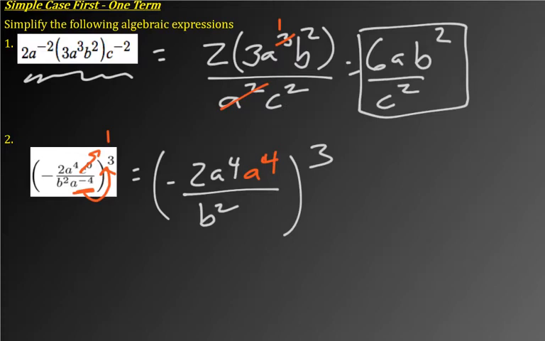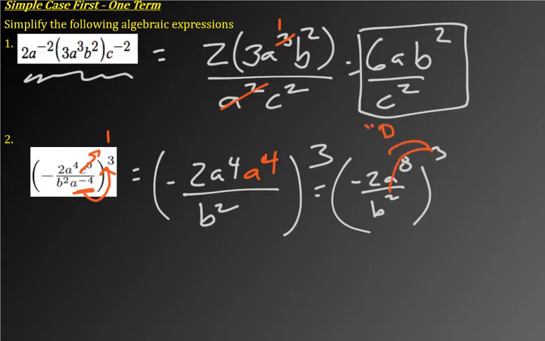And then when we multiply with the same base, we add exponents. So that could simplify to a to the 8th. All that's over b squared, and then all this is cubed still. Then we can go ahead and, this is the part where I'm kind of nervous using this word, we kind of distribute that exponent right there.